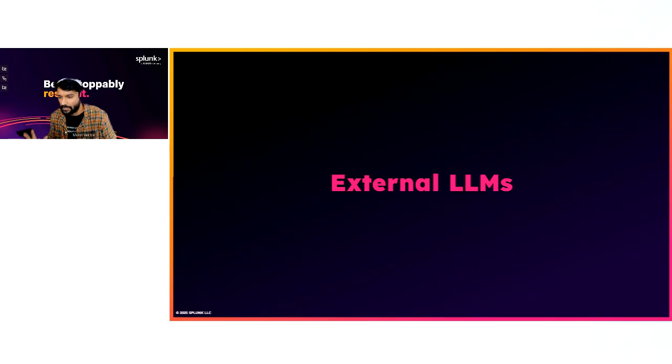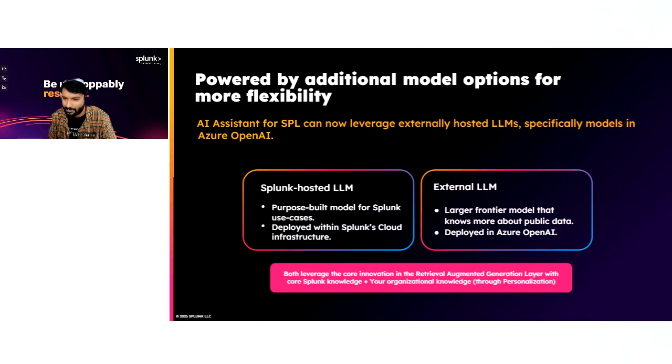All right, I think there were a lot of questions around what is all models versus Splunk hosted models. So up until the last release, AI Assistant for SPL only used models hosted inside Splunk infrastructure in Splunk Cloud Services. These are models that we fine-tuned, we improved.